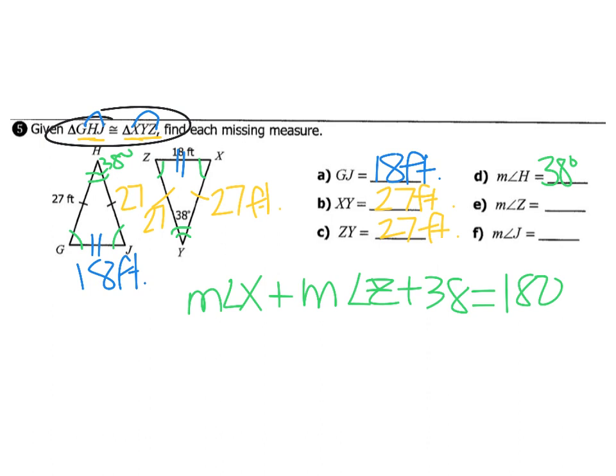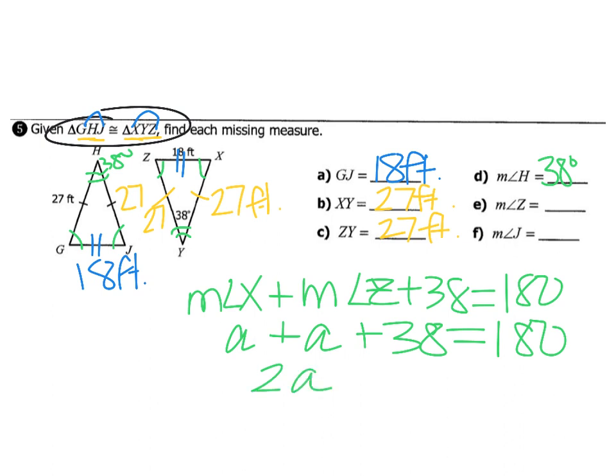So let's use a variable we haven't used yet. Let's call them T. We can use anything, or let's use A for angle. A plus A plus 38 has to equal 180. So 2 times the base angles plus 38 has to equal 180.